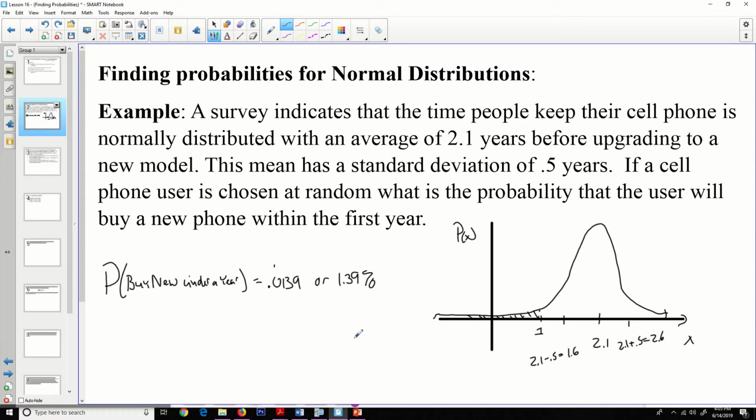And again, because 2 standard deviations pretty much encompass 95% of all of the possible values, and if we split that in half into the 2 tails, 2.5%, this being only 1.39%, we would consider buying a new phone in under a year to be unusual.